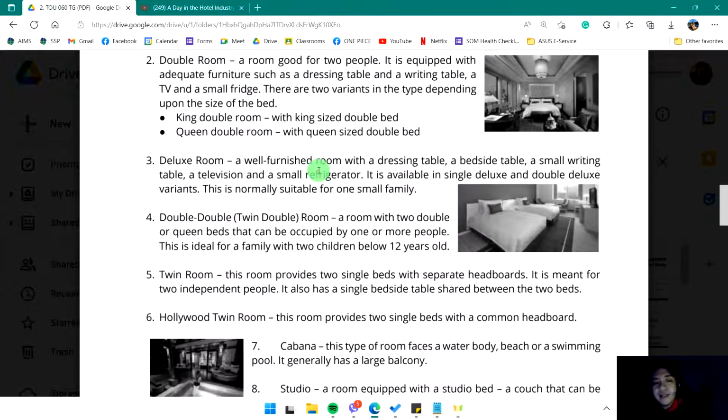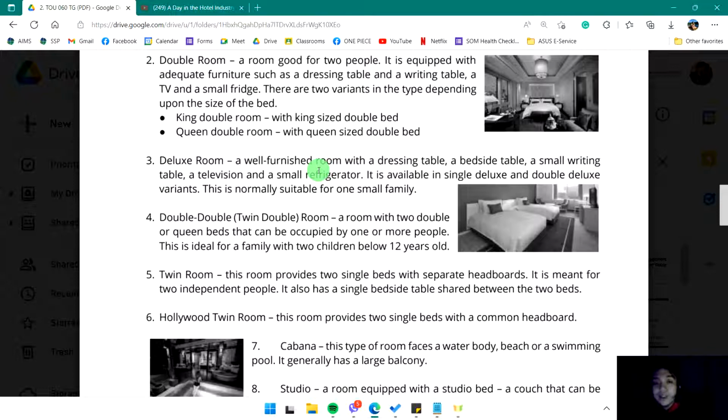Next, we have the deluxe room. A deluxe room is the upgraded version of the double room. So, ito na yung medyo na sosyalin na room. And makikita mo talaga na may difference siya from the double room, no?